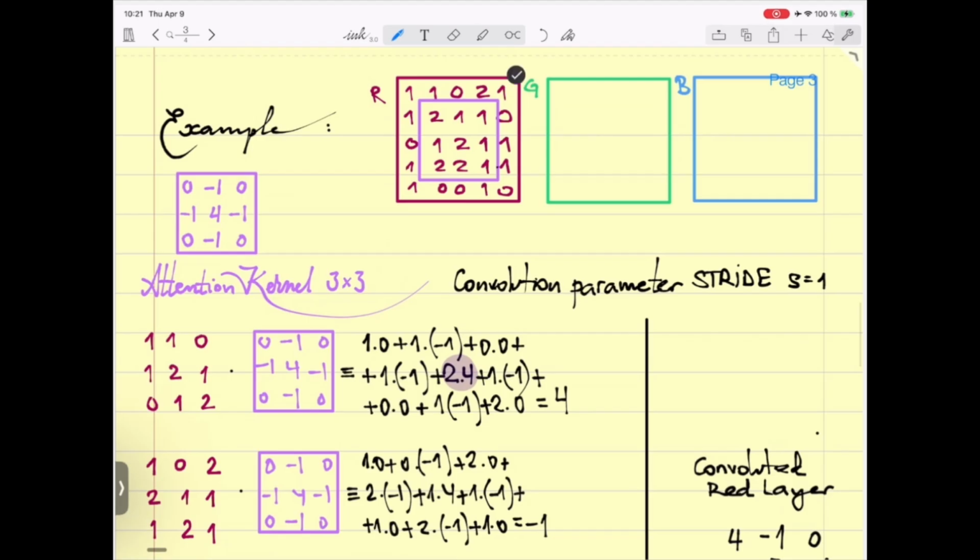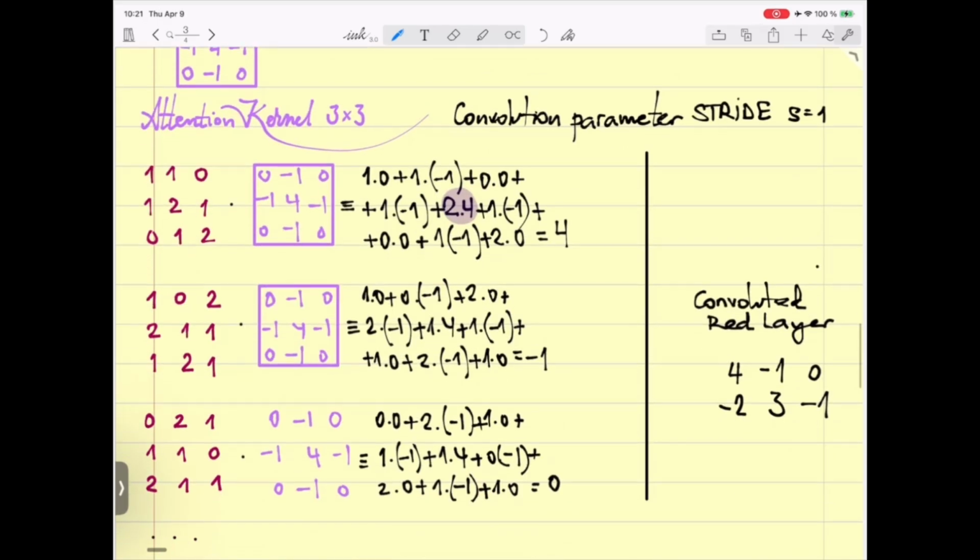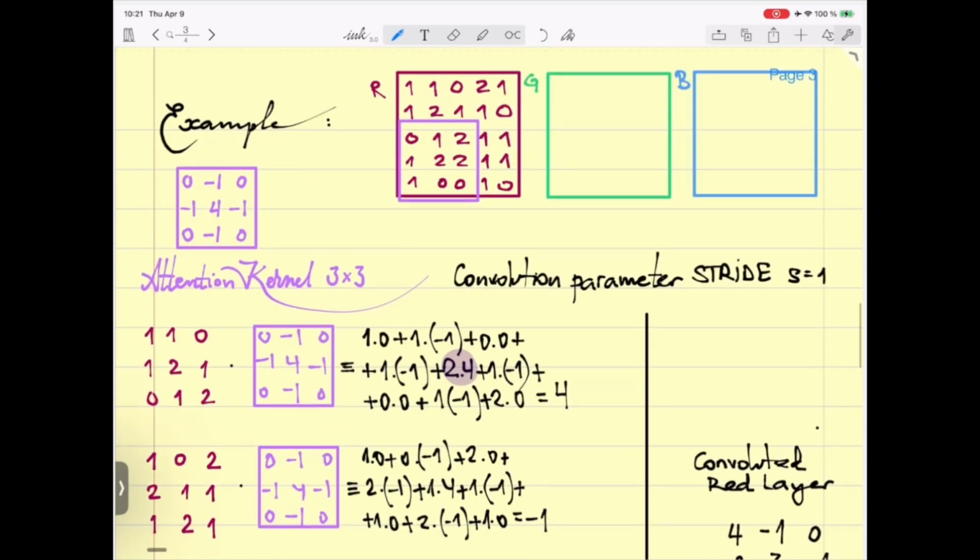And then the next one here, 0 minus 1, 0. Minus 1 is minus 2, plus 8 is 6, minus 2 is 4. So I get a 4 here. Good.